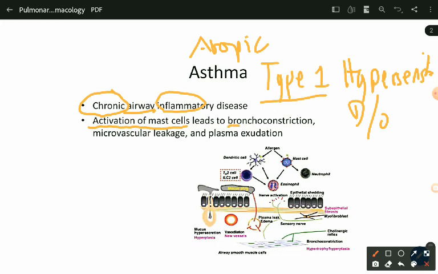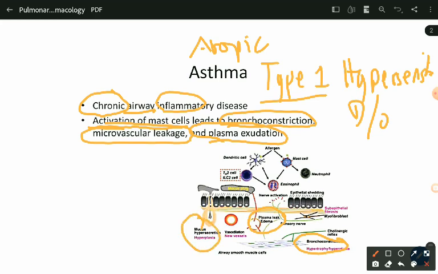Number one, we have bronchoconstriction. Then we have microvascular leakage with plasma exudation. Because of the plasma leakage, there are lots of mucus secretions.